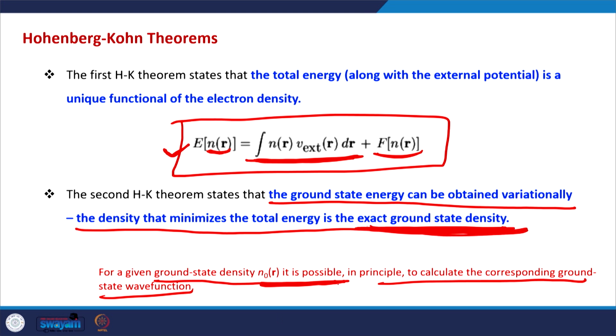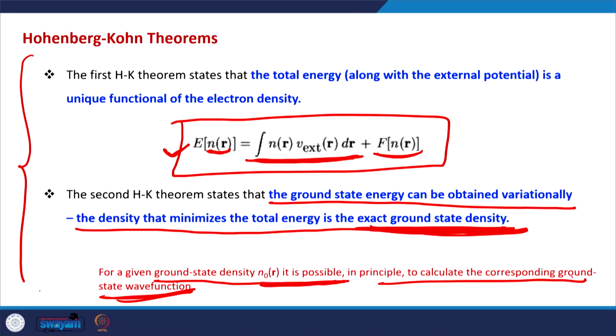And from the ground state density we can calculate the corresponding ground state wave functions, and from there we can calculate all the electronic properties, all other properties of the system. So these theorems are at the heart of density functional theory, and that's why this theory is known as density functional theory, because it deals with the electron density function, and in this method the energy is a functional of the electron density. That's why density functional theory. Okay.